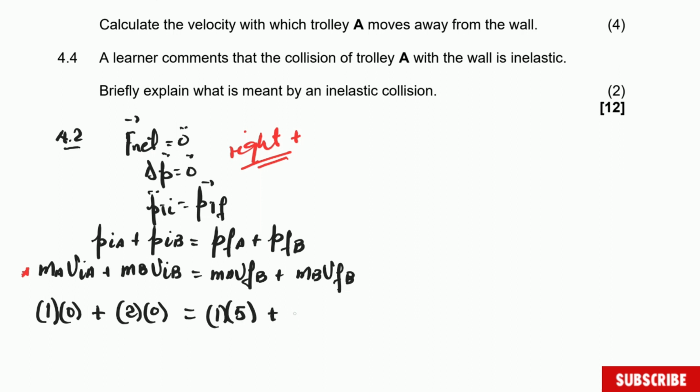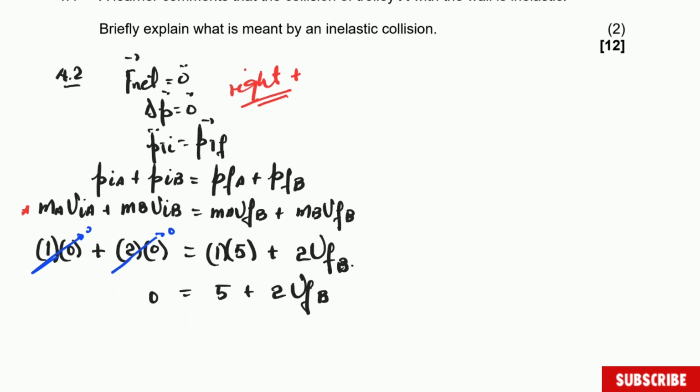Mass B is 2, and you are looking for the final velocity of object B. So when you do that, this is 0, this is 0, you will get that 0 is equal to 5 plus 2 final velocity B. And then, guys, if you rearrange this, minus 5 divided by 2 is equal to the final velocity B.